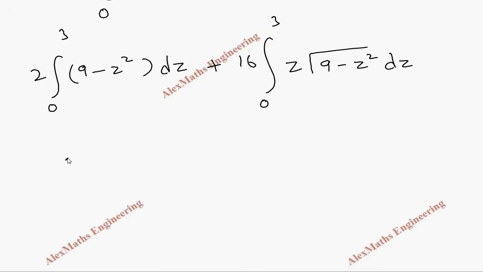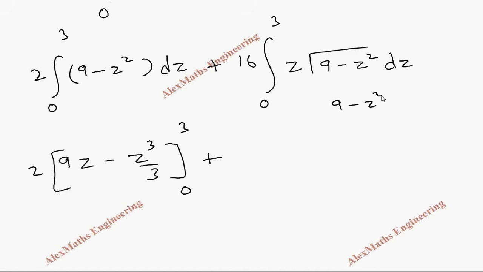This first part is 9z minus z cube by 3, and outside we have 2, limit is from 0 to 3. And this one we have to take 9 minus z square as t. So dt will become minus 2z dz.